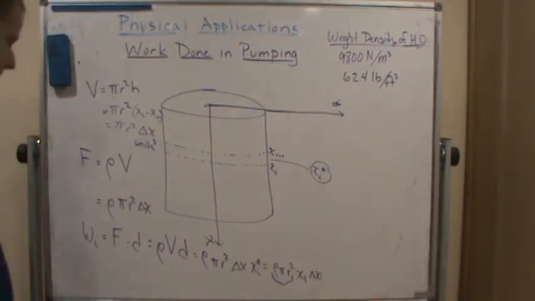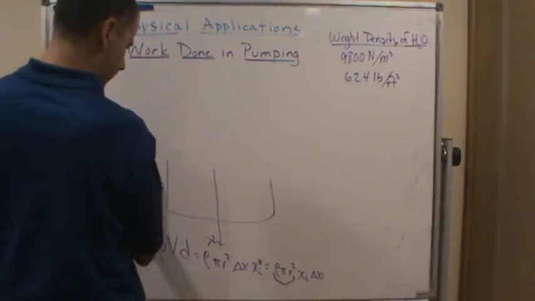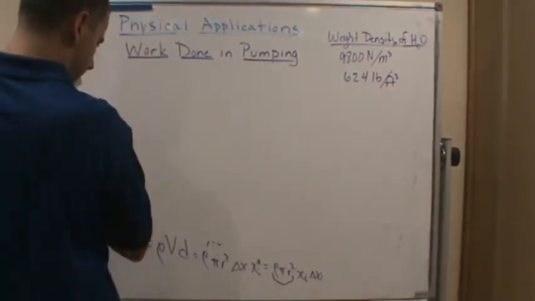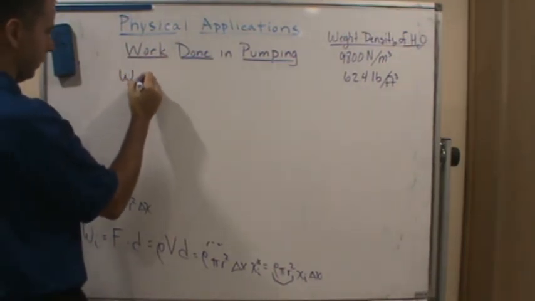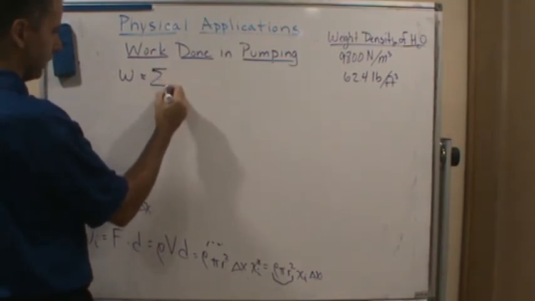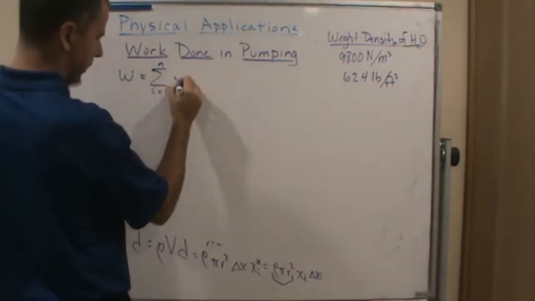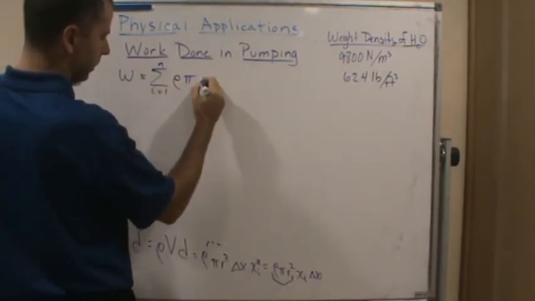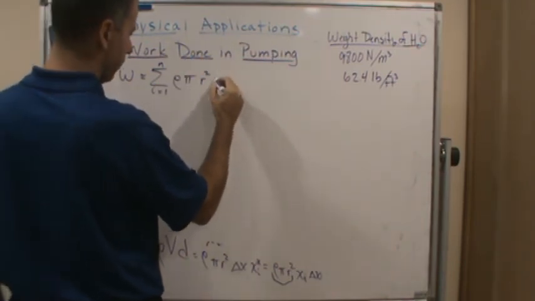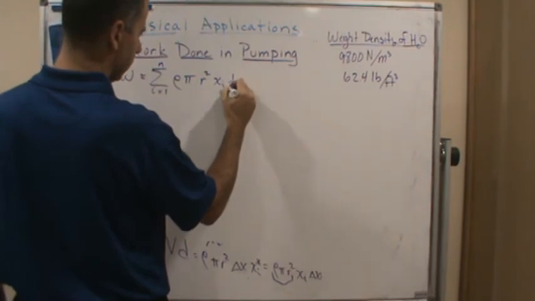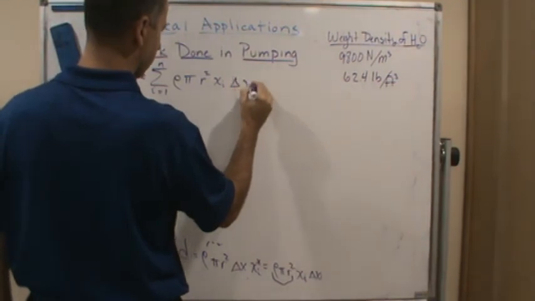And then of course, if we take this Riemann sum, our work is approximately the sum from i equals 1 to n of this formula, which is rho pi r squared x sub i delta x.